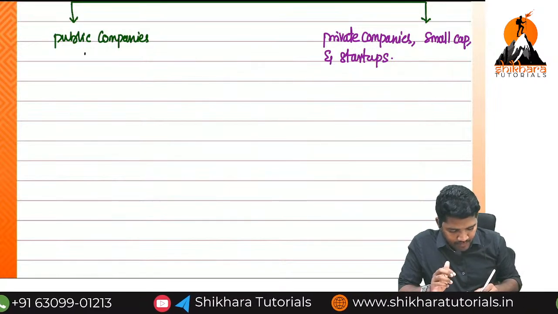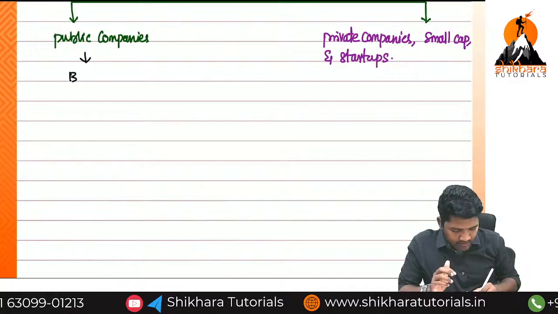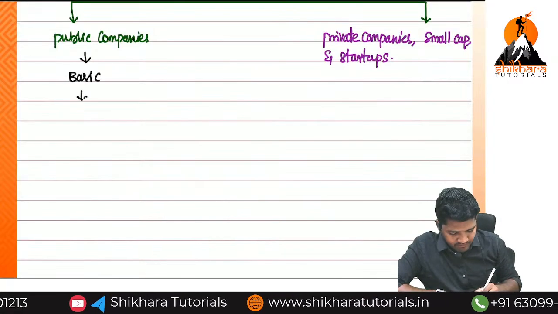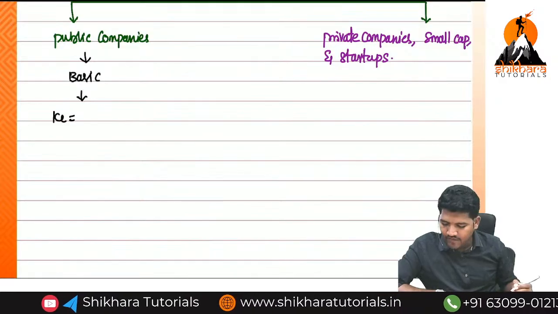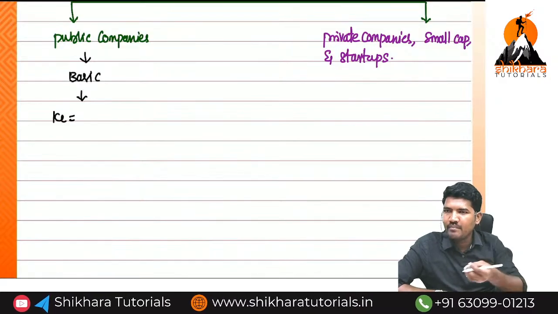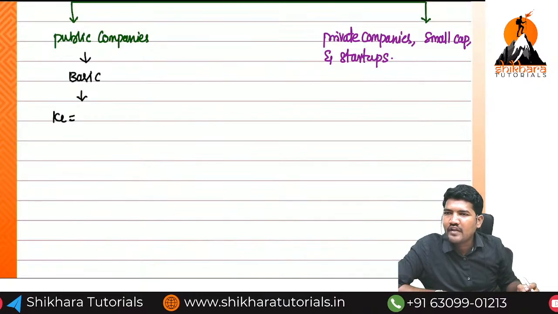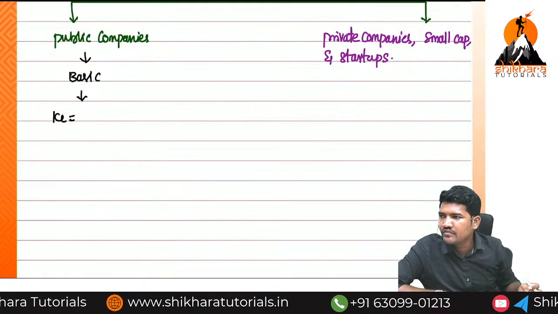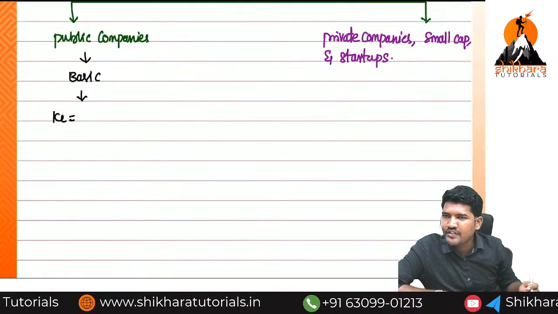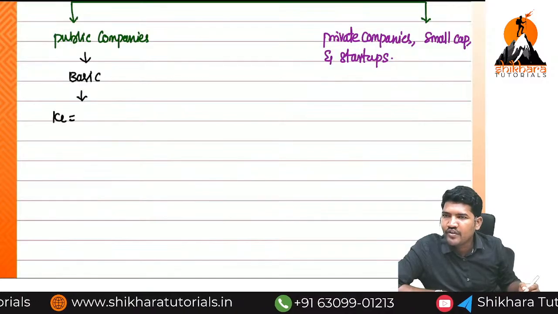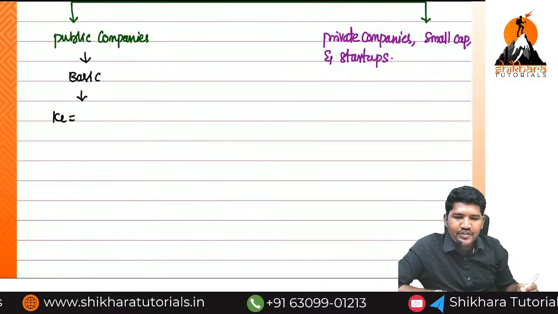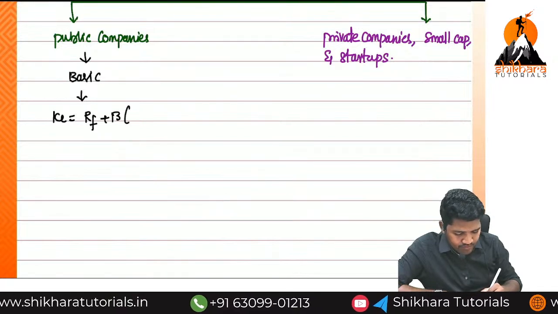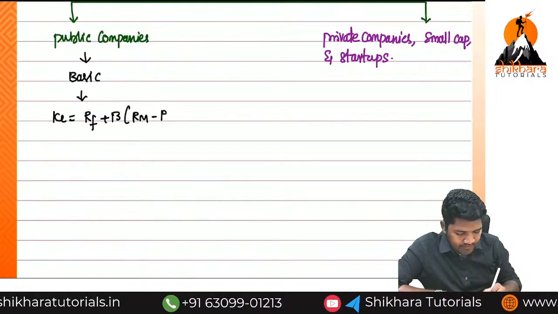When it comes to the public companies point of view, we are using what? Basic formula. What is the basic formula, guys? KE, required return of equity shareholder, the minimum rate or expectation of the equity shareholder, equals RF plus beta into RM minus RF.